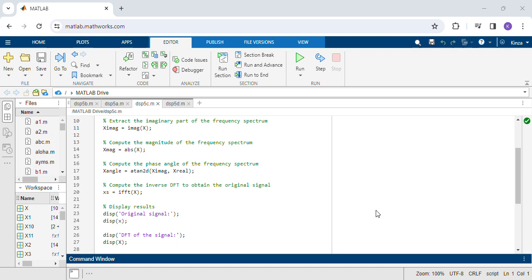The phase angle of the frequency spectrum, X angle, is computed using the atan2d function, which calculates the four-quadrant inverse tangent in degrees given the real and imaginary parts. The inverse discrete Fourier transform of the frequency spectrum X is calculated using the IFFT function, resulting in the reconstructed signal xs.